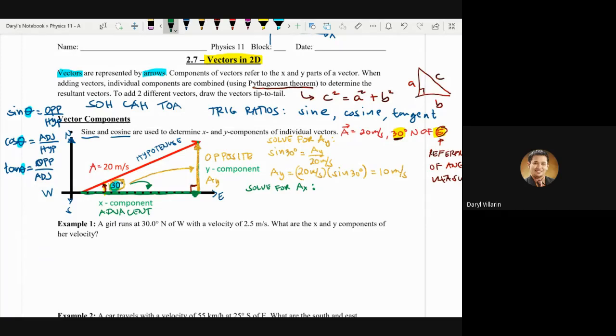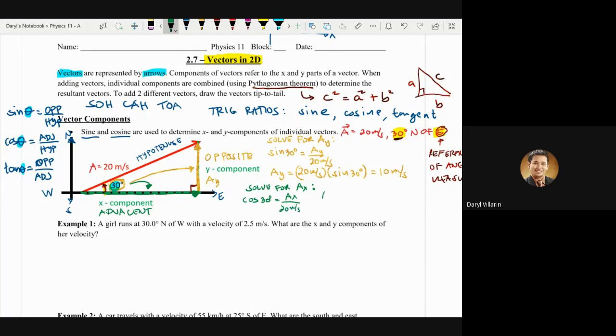So which of the three trig functions can you use to solve for the adjacent side? Well, that should be cosine. Again, cosine of the angle. Cosine of an angle, which is in this case 30 degrees, is equal to the adjacent side, which is AX, over the hypotenuse, 20 meters per second.